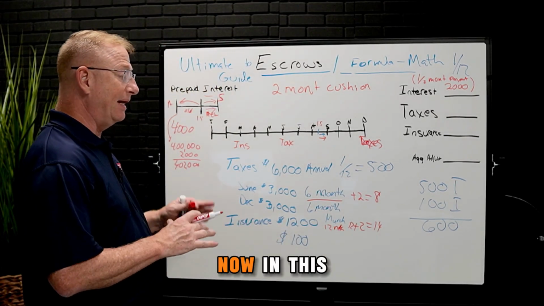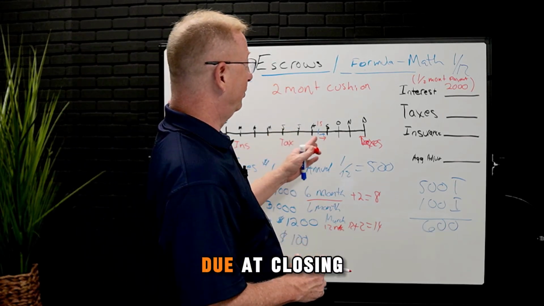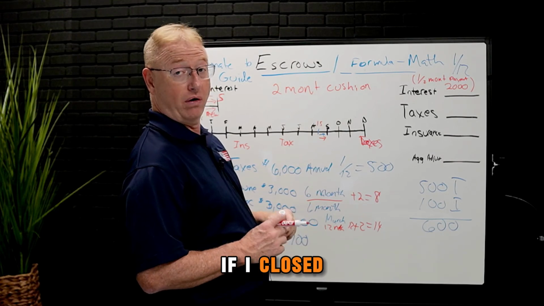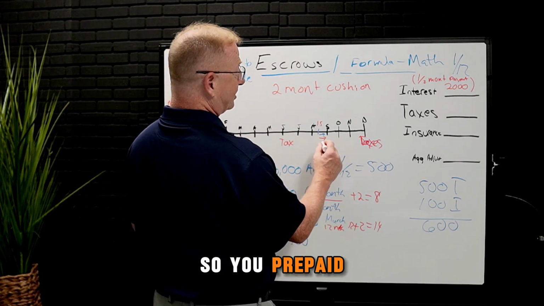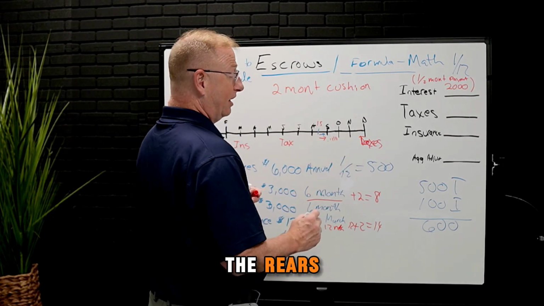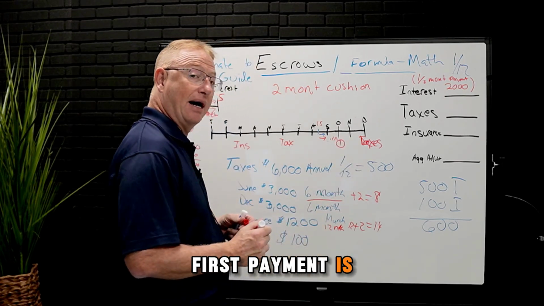Now, in this equation, how many months are going to be due at closing if I closed August 15th? So you prepay to September, and you get to live in the property. Remember, interest in arrears. First payment is October.